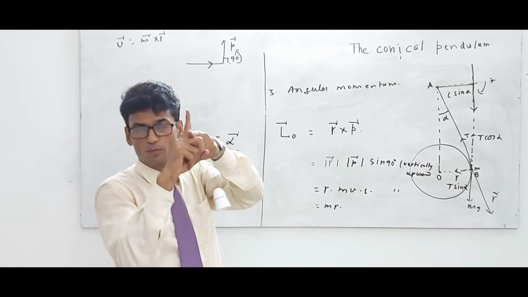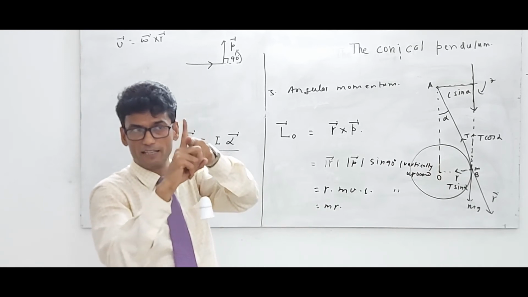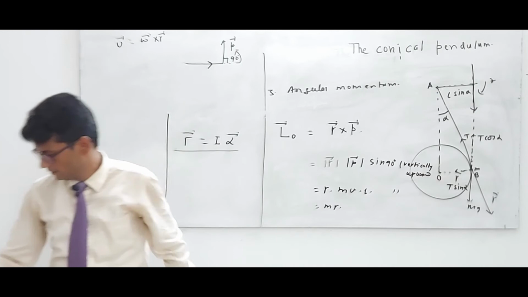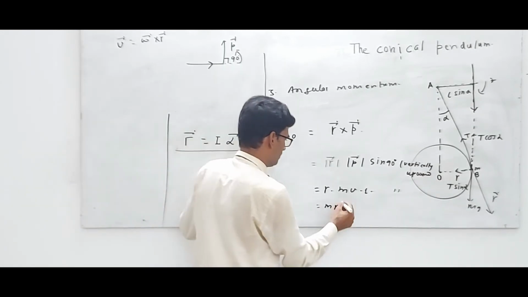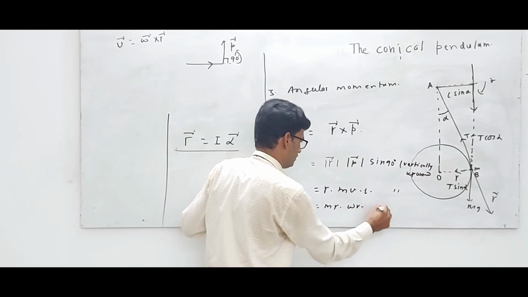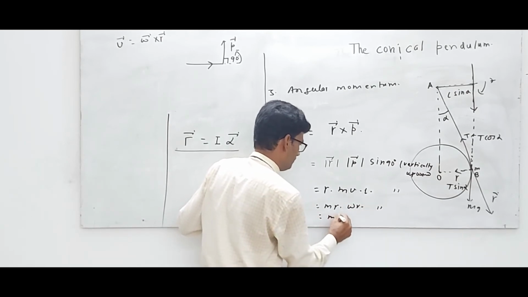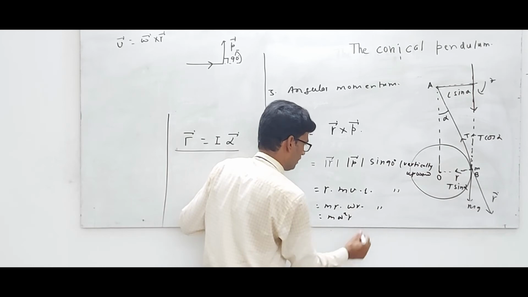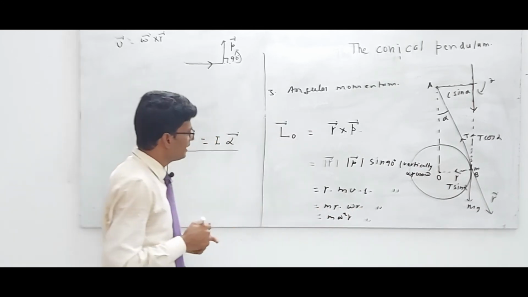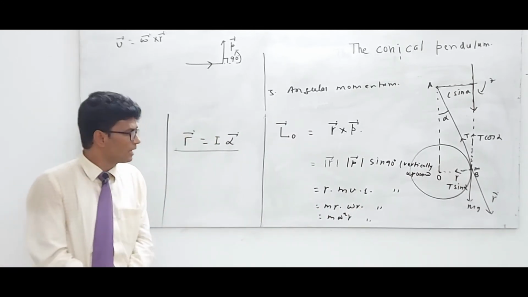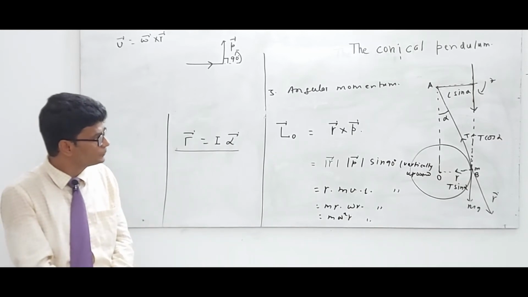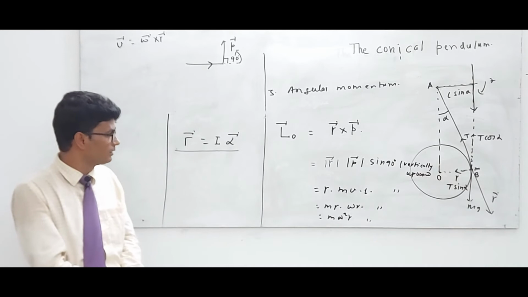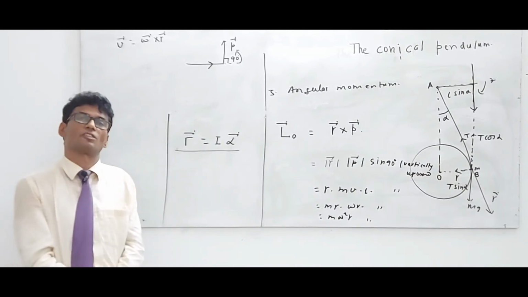So this is omega cross r, with magnitude m omega r squared, and it is constant. The angular momentum about the point O, the center of the horizontal circle, comes out to be constant.